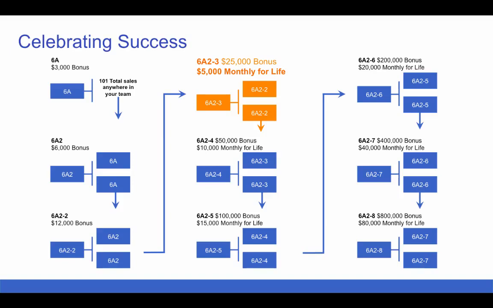And of course, on down the line, you see 6A2-4, you get a $50,000 bonus, $10,000 a month for life. As a 6A2-5, you get a $100,000 one-time bonus, but you get a $15,000 monthly for life. And of course, you see the rest. I mean, these numbers are wow.